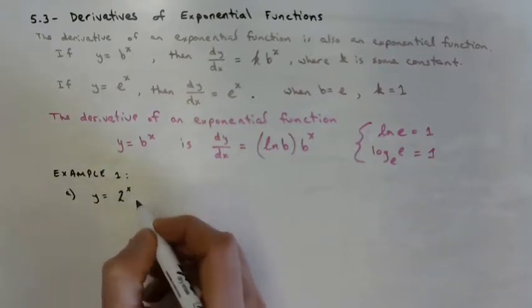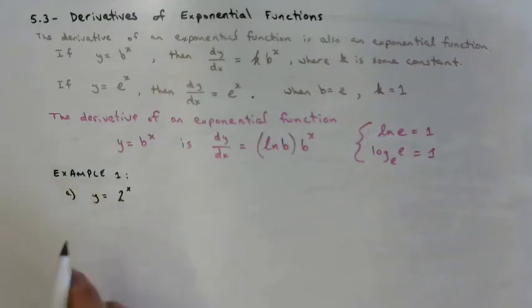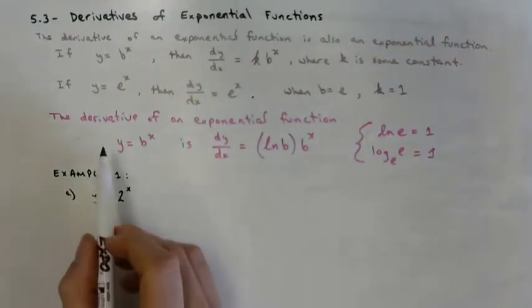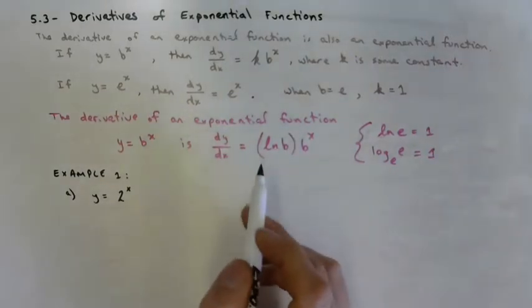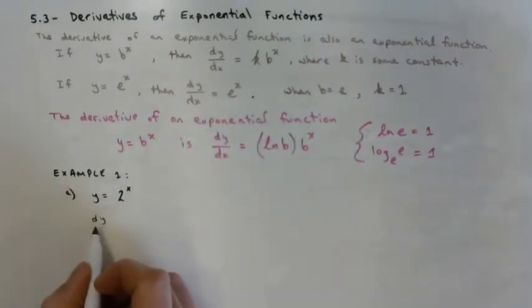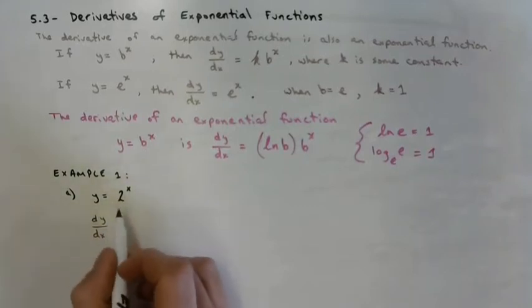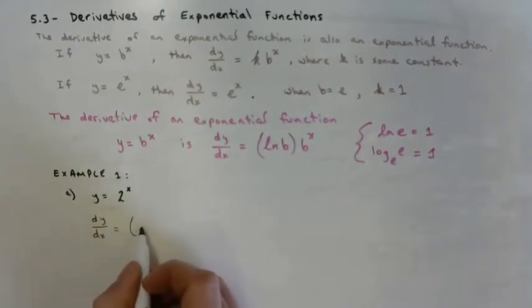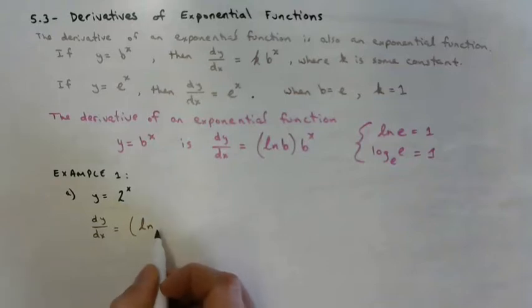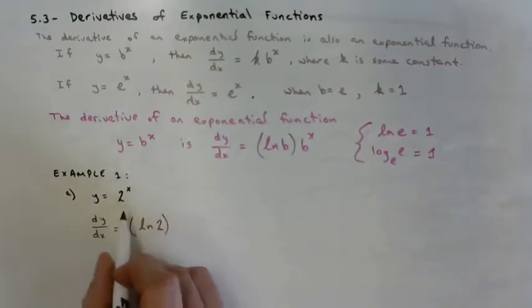The first one, we are going to take the derivative of y equals 2 to the power of x. Well, according to our derivative of an exponential function rule, dy by dx is going to be this function times a constant, which is defined by the natural log of the base, which is 2 in this case.